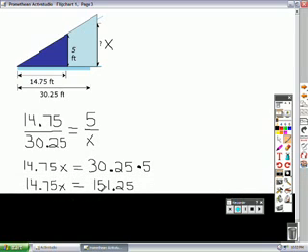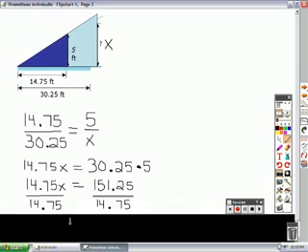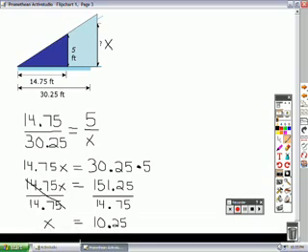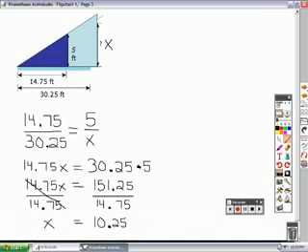I will get 151 and 2500. I divide both sides by 14 and 7500. I will be left with x is equal to 10 and 2500 feet.